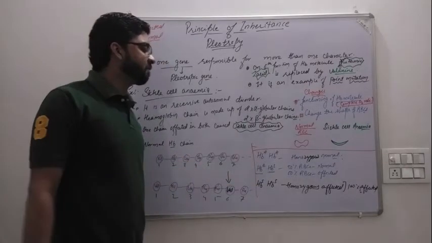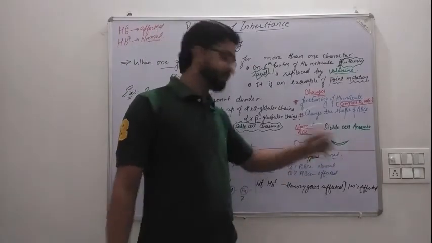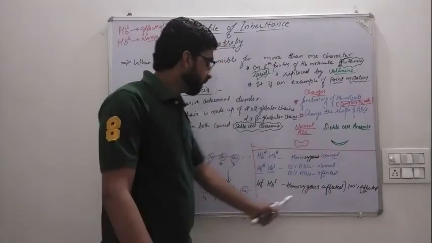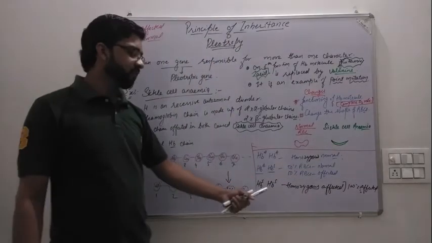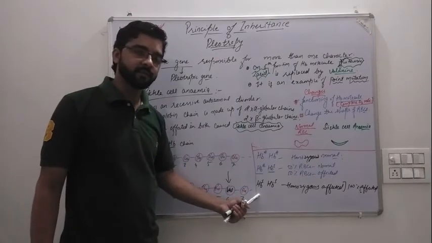HbA HbS is 50% normal and 50% sickle-cell-like, and HbA HbA is 100% normal.